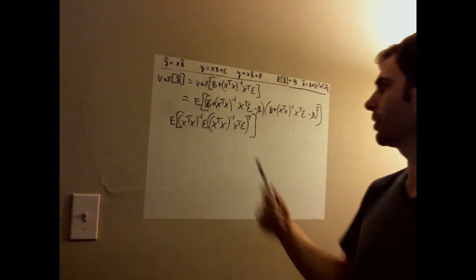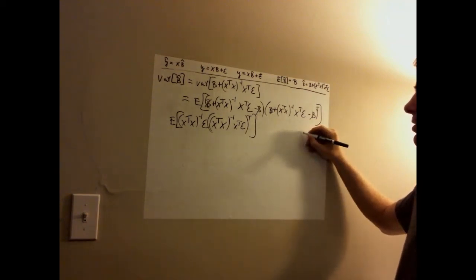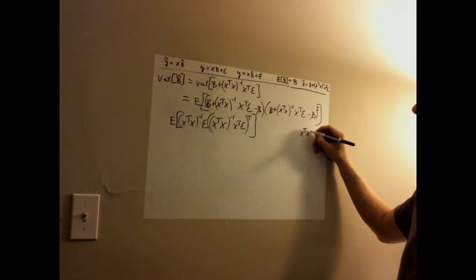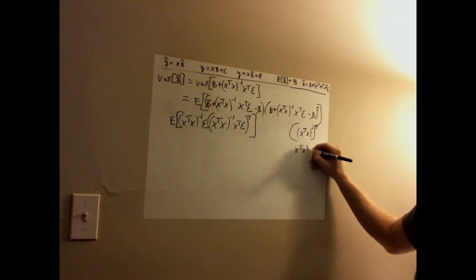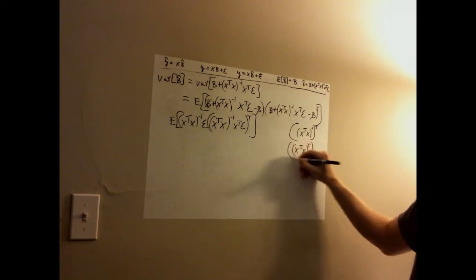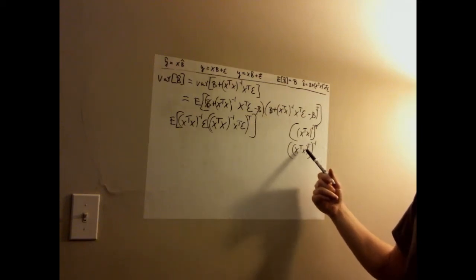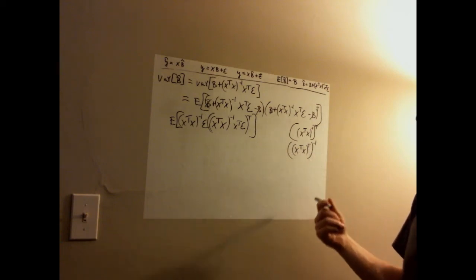So what I want to do is distribute this transpose. It might be worth mentioning that the inverse of a transpose is the same as the transpose of an inverse. So (X transpose X) inverse, transposed, is the same thing as (X transpose X) transpose inverse. And it should be pretty apparent that if we take the transpose of X transpose X, we get back X transpose X.